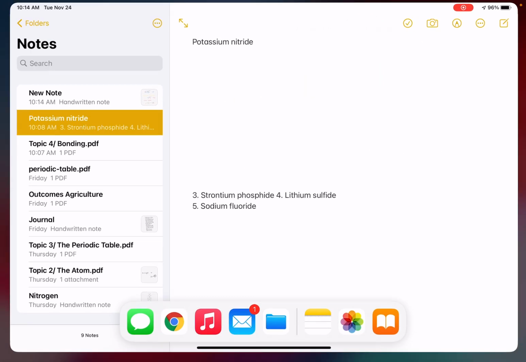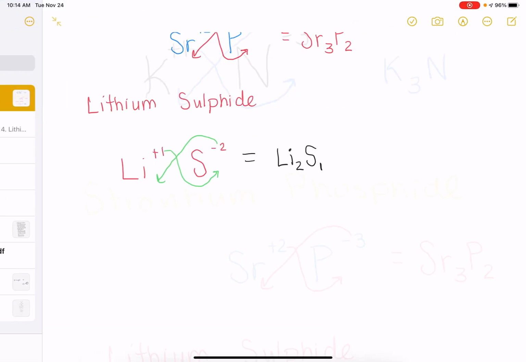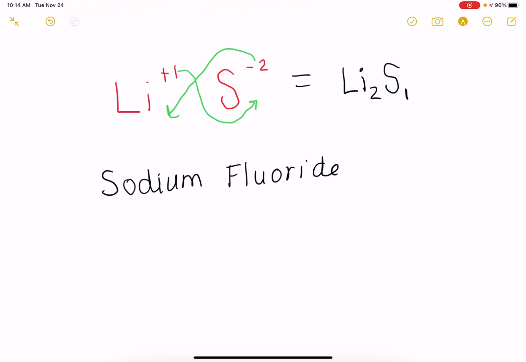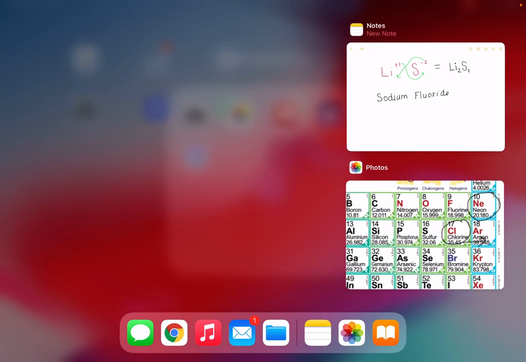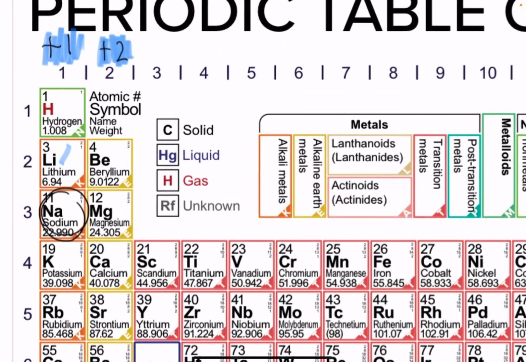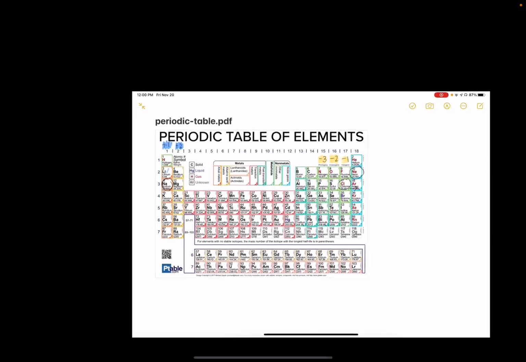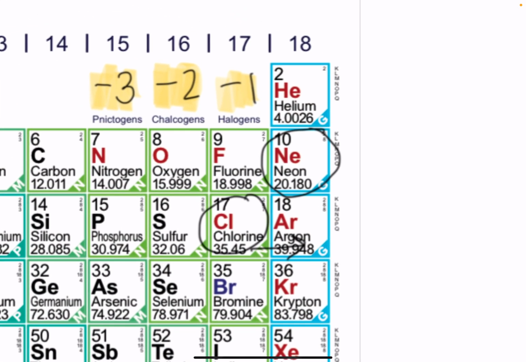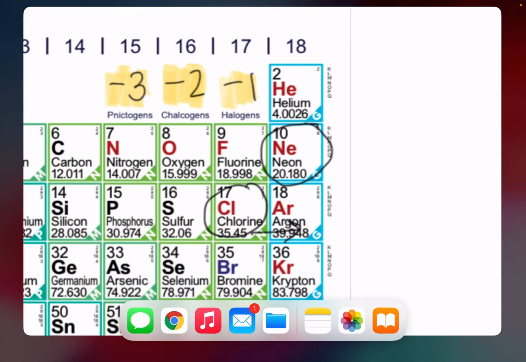The last one here is sodium fluoride. So let's do that one. So sodium, maybe you already remember this one. Sodium is in the first column. It's Na. And it's got a +1. And fluoride is fluorine because it's got that ending changed, and it's F, and it's in the -1 column.